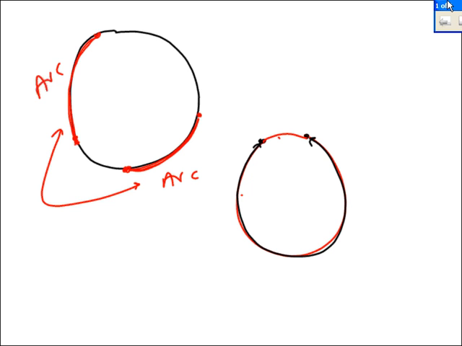What's in red is an arc. This portion here is an arc. What's in black there is an arc. Go from 1 point along the circumference of a circle to another point on the circle, unlike a chord where it's a straight line and it goes inside the circle.